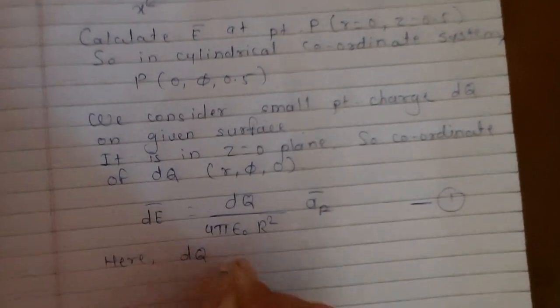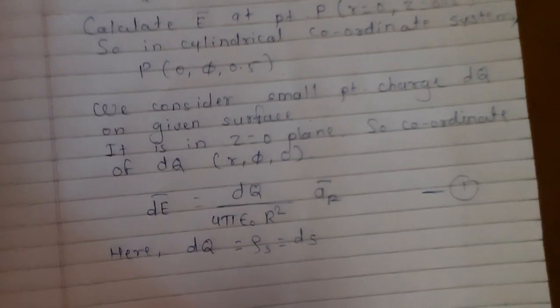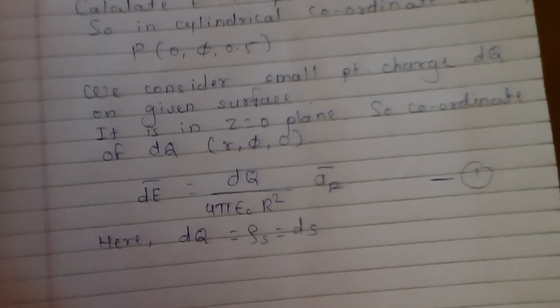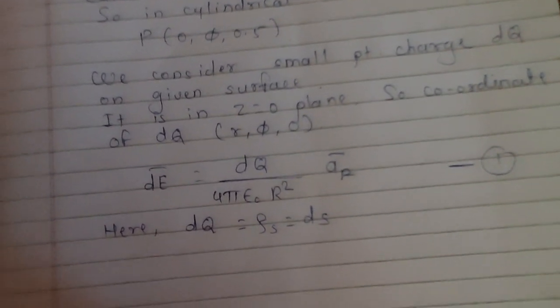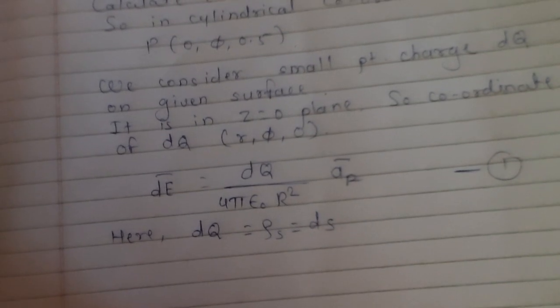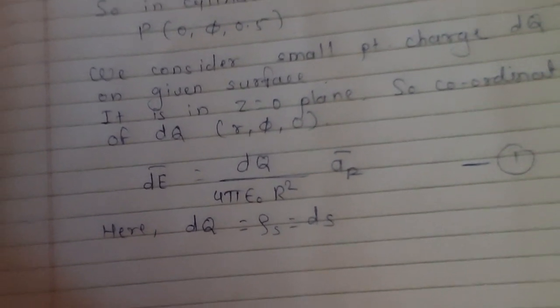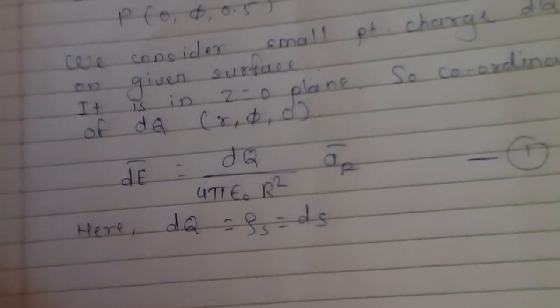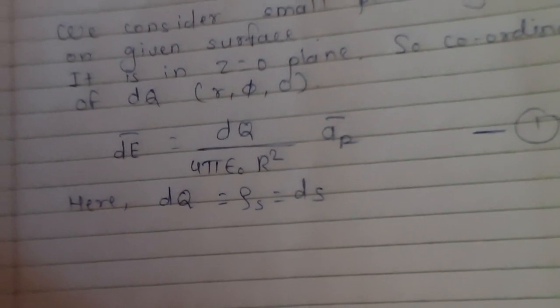Now here, what is dq? dq is equal to rho s ds. Now we have the calculation of ds. In the cylindrical system, r is denoted by dr, phi is r d phi and z is dz. The surface is always perpendicular to its normal, hence the perpendicular direction is the z axis.